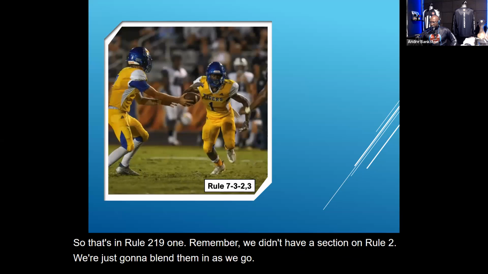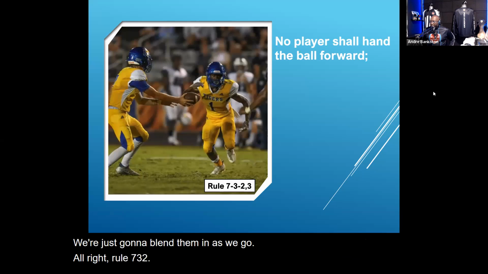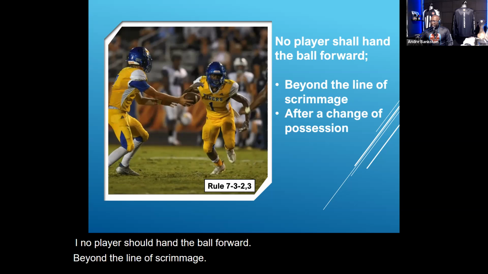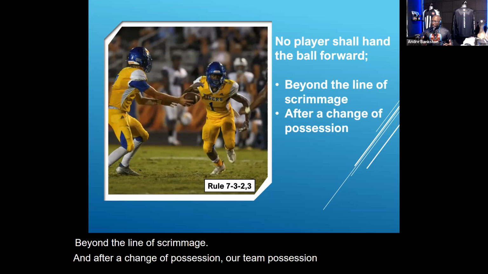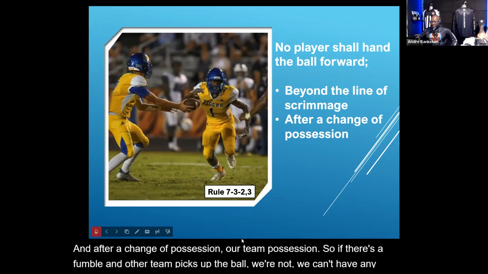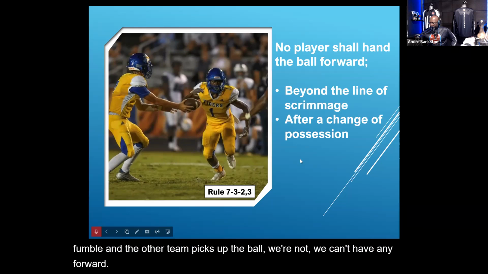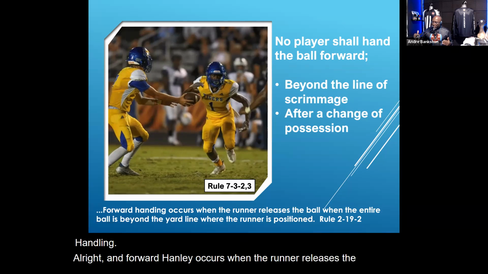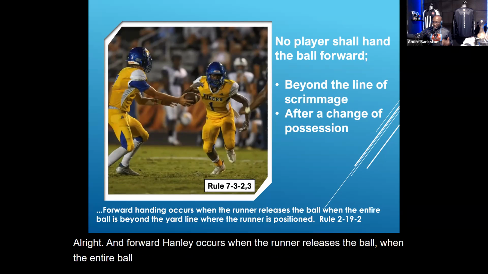All right, Rule 7-3-2. No player shall hand the ball forward beyond the line of scrimmage, or after a change of team possession. So if there's a fumble and the other team picks up the ball, we can't have any forward handing. Forward handing occurs when the runner releases the ball when the entire ball is beyond the yard line where the runner is positioned.